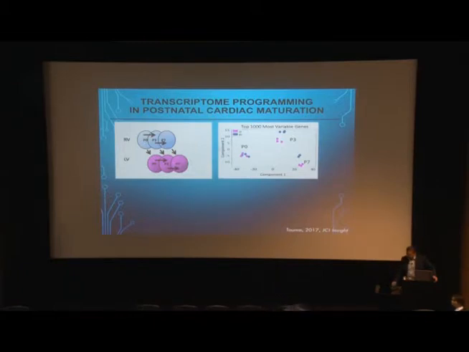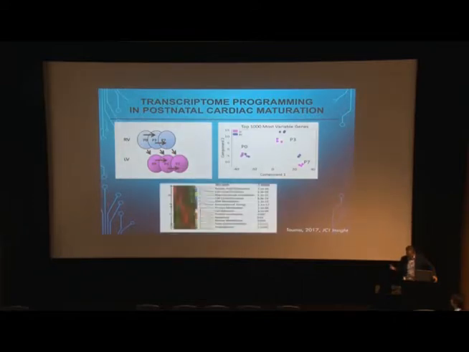You can see that by principal component analysis, many genes changed. The biggest difference is, of course, the time: from P0, P3, P7. If you look at left versus right ventricle, their difference is actually pretty modest compared to this developmental time point driver. So clearly there's a change of gene expression, and we looked at their mechanism or impact.